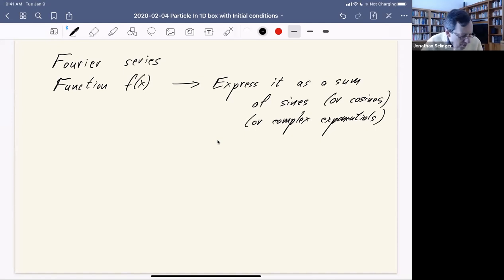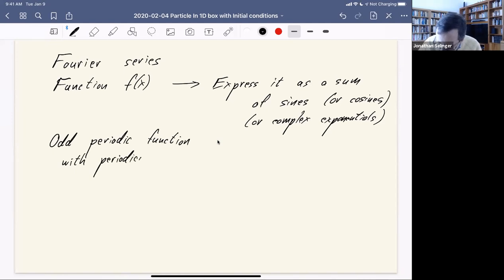Okay, so first, let's suppose we have an odd periodic function with a periodicity of 2a.